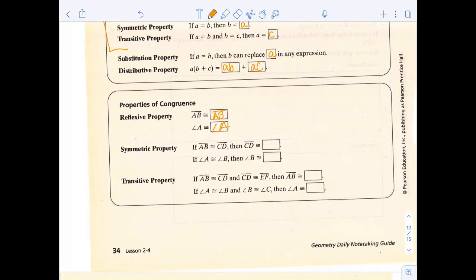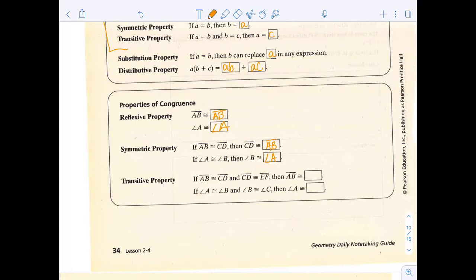Symmetric property says if line AB is congruent to line CD, then line CD is congruent to line AB, the mirror again. If angle A is congruent to angle B, then angle B is congruent to angle A. It's just flipping what you have around.